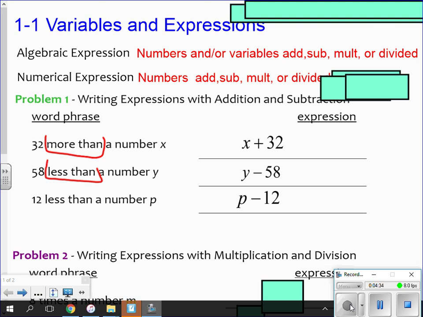The only time they're not going to be in front, generally speaking, is when we start with a number and we take away. So if I had Y less than 58, I would do 58 minus Y. I would have to do that. Generally, as a rule, standard operating procedure, variables come first when you're adding or subtracting. Okay, that isn't always the case, but it's pretty close to the case.